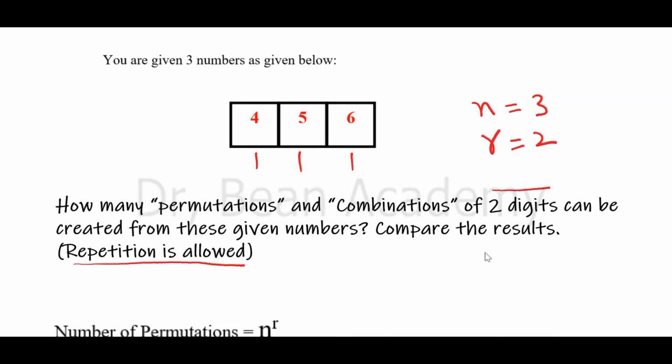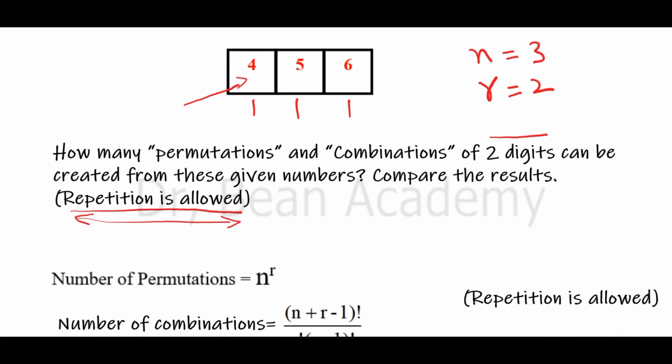And remember, this time repetition is allowed. We can repeat these numbers. For example, I can repeat 4 two times, depending on the size of the permutation or combination.